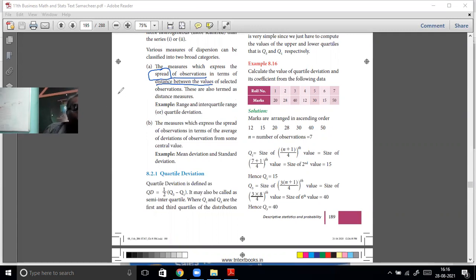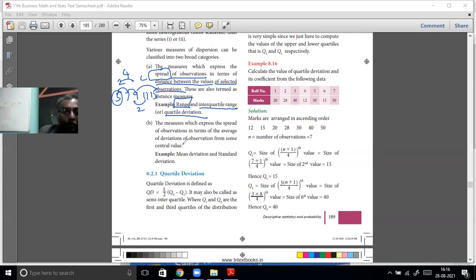For example, if we have 5, 7, 9, 11, 15, the gaps are 2, 2, 4, 4. The distance between the values of selected observations is called deviation. For example, range is this type of deviation. Then interquartile range is called quartile deviation. This is one type of deviation.